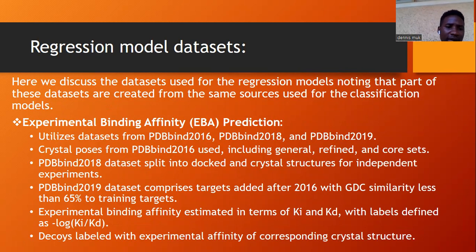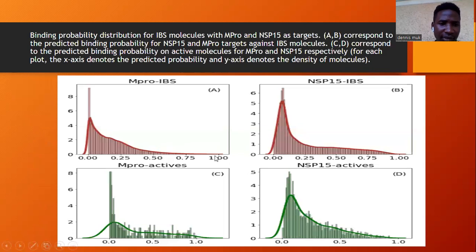So here, crystal poses from PDBbind 2016 are used, including general, refined, and core sets. Then basically, the decoy is labeled from the experimental affinity of the corresponding crystal structure.